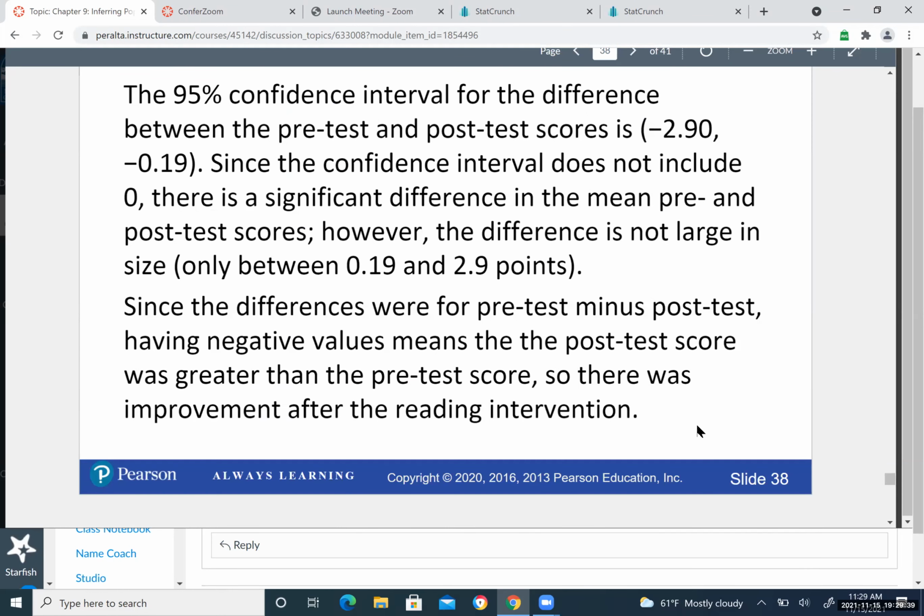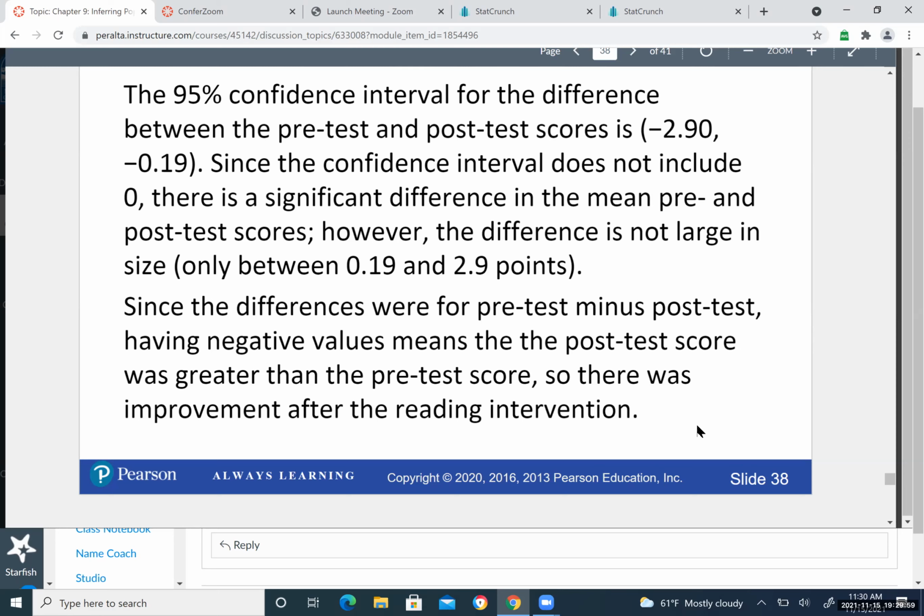Okay, so here is the interpretation. The 95% confidence interval for the difference between the pre-test and post-test score is that interval that we found in StatQuant. Since the confidence interval does not include 0, there is a significant difference in the mean pre and post-test score.